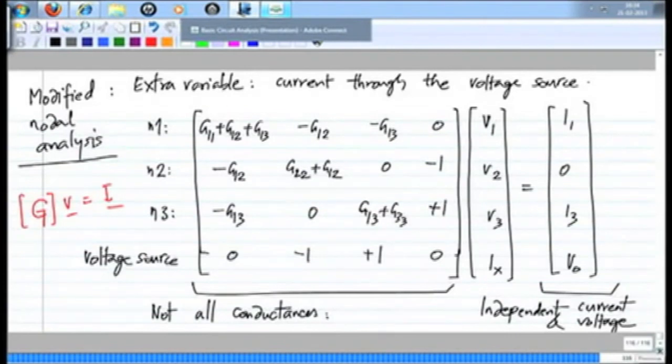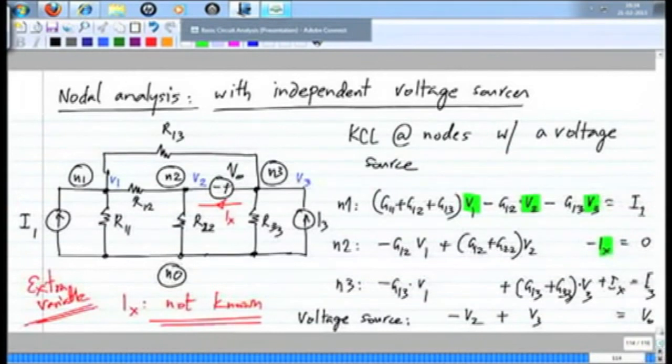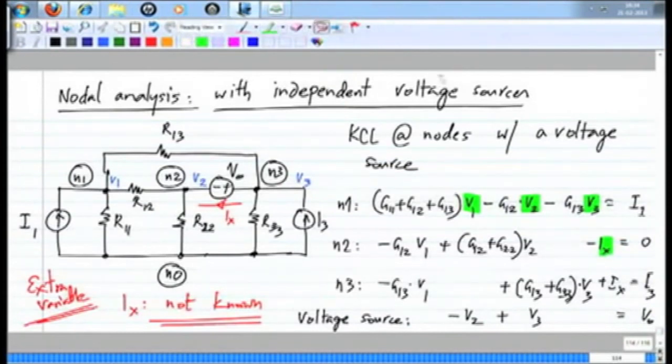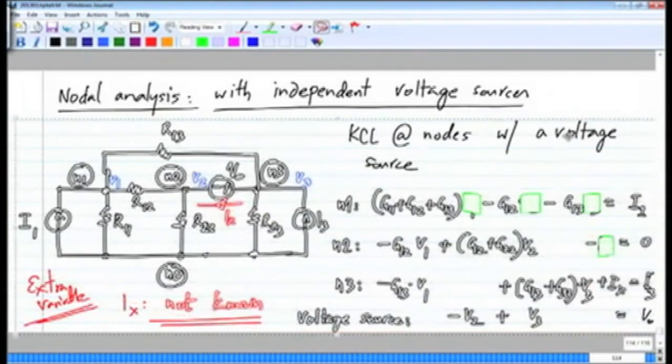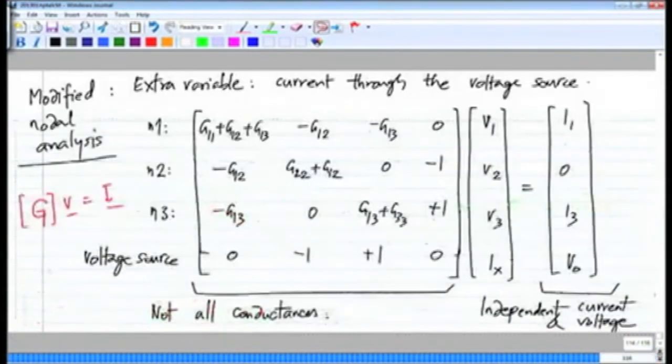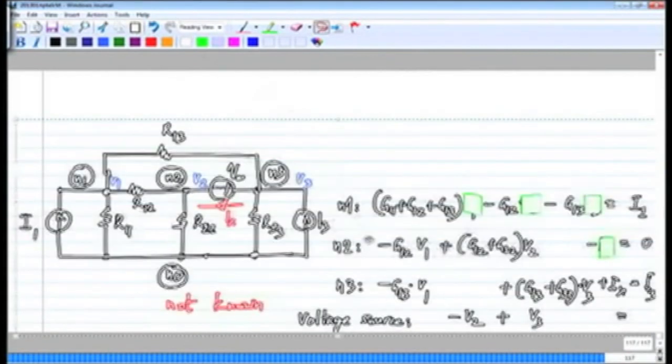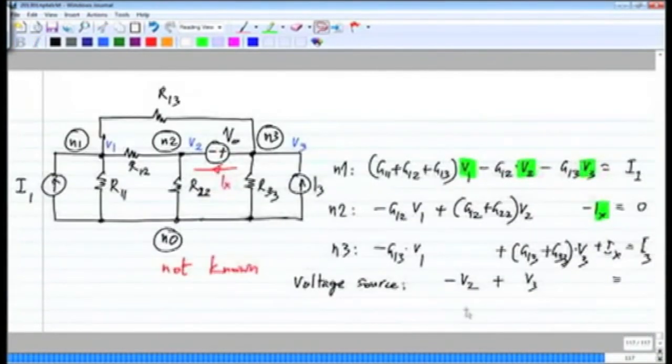So now for hand analysis, the nodal analysis is done with a very slight modification. So let me put down these equations again. So we introduce this extra variable Ix.